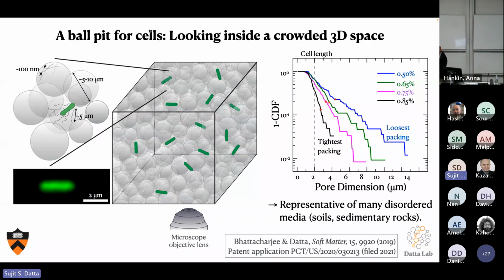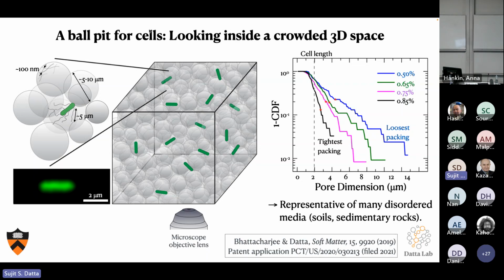But what I want to draw your attention to are these numbers in the top right here. These numbers indicate the mass fraction of the hydrogel polymer that we use to make these packings. And you'll notice that it's always less than 1%. These granular packings are made of over 99% water.